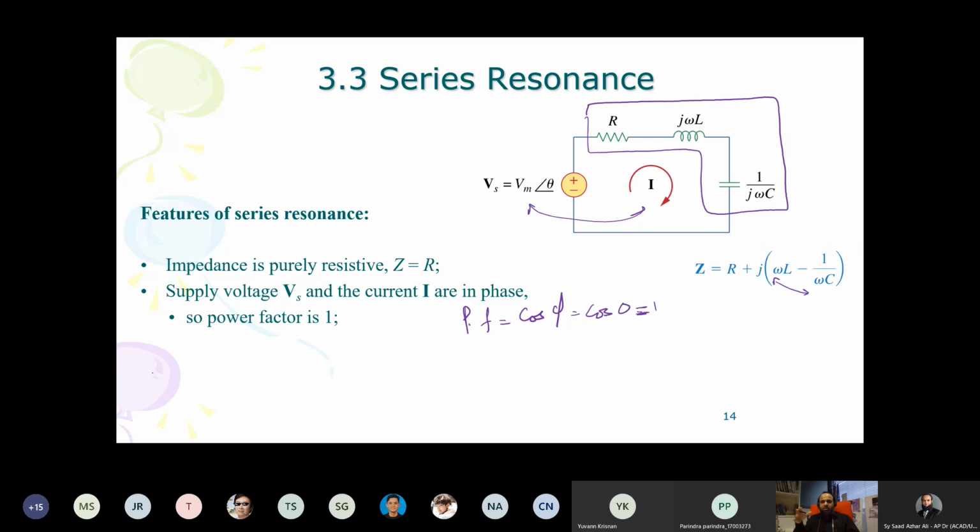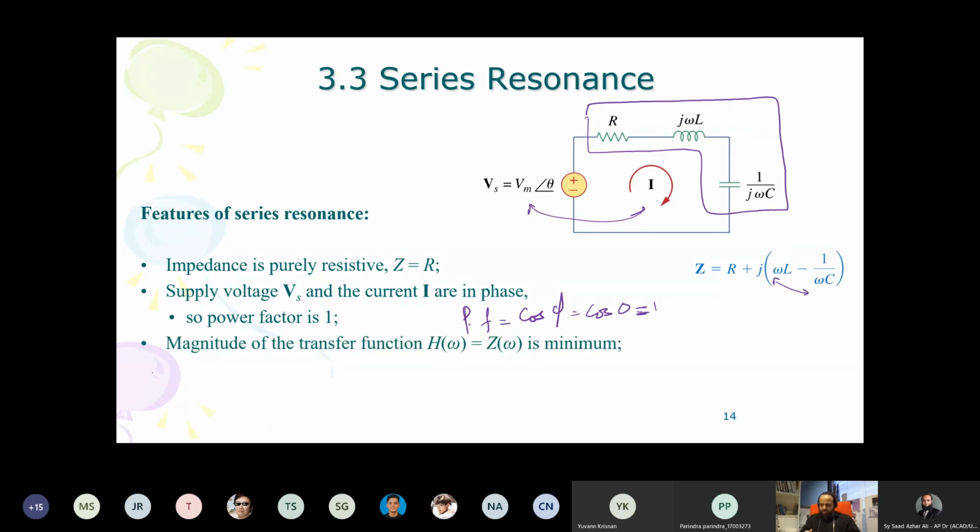You can find on the internet, if you want to reduce your bill, you can use a capacitive load. Just plug it in, and maybe 5-10% less electricity bill can be expected. Anyways, so for series resonance, the power factor is 1.